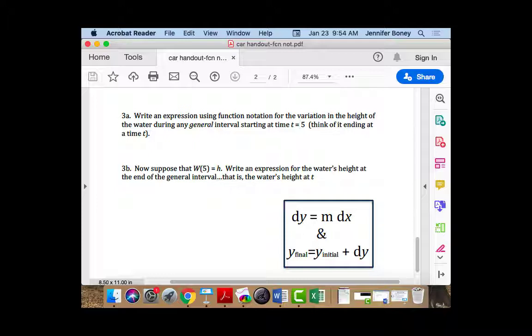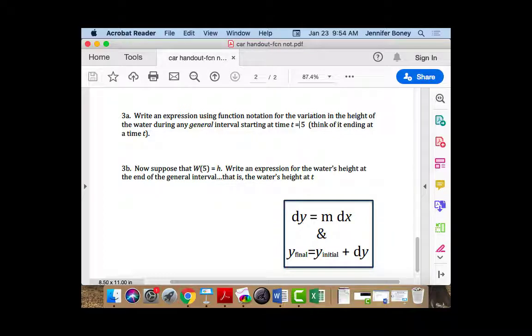So we don't know one length for the interval, but we can express it using t, which is a variable. So think about how you would express the amount of change in the height of the water. There's obviously going to be limitations on how big t can be before the water's actually all finally drained out of your clogged sink. Don't worry about the domain, just the expression in general.